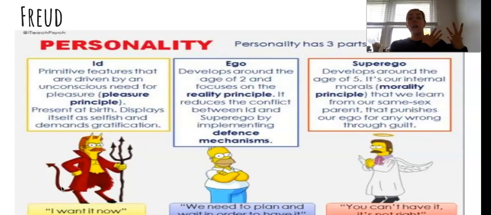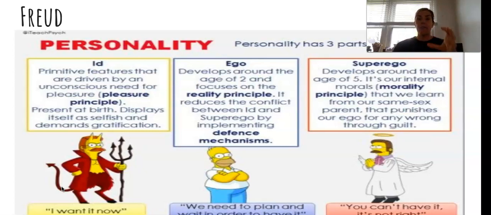And then you have this little angel on the other shoulder who's kind of like your moral compass, do the right thing. The id says we want this chocolate cake right this second, and the angel says, no, you can wait until after dinner. The ego is the mediator between the two of them. That's how Freud describes the psychoanalytic theory. Just make sure you know the differences in there.